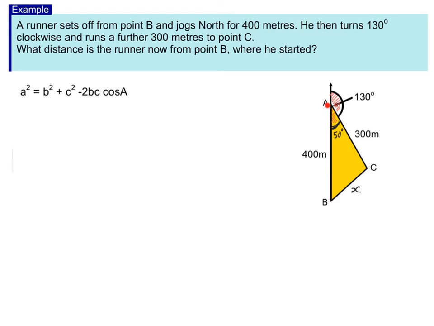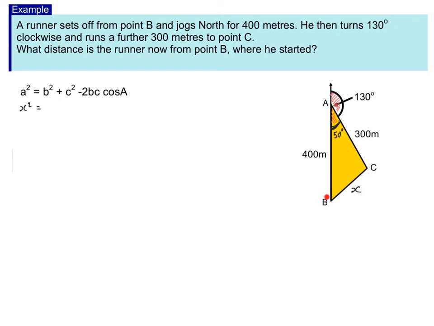So I've got everything I need. I've got this classic V shape with a contained angle. So I can start substituting in my values. The side I want to find, a squared, well, that's x squared, equals b squared plus c squared. I suppose I could be using these as b and c.